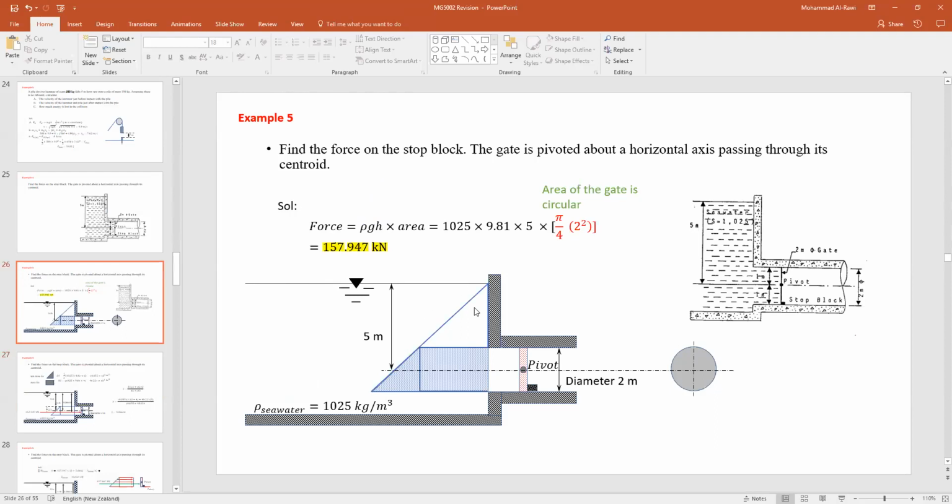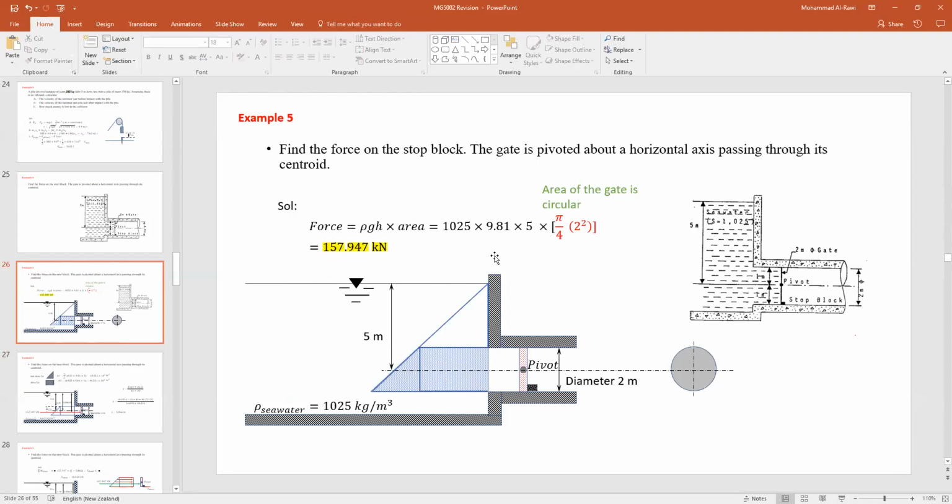If you look at that triangle, that's a distribution. But the ones we are interested in are this one and this one, so we have a rectangular and a triangular. And this one is not important for us because we're studying, as Michael Robinson told us, something similar to the UDL, the uniformly distributed load coming against that gate of 2 meters diameter.